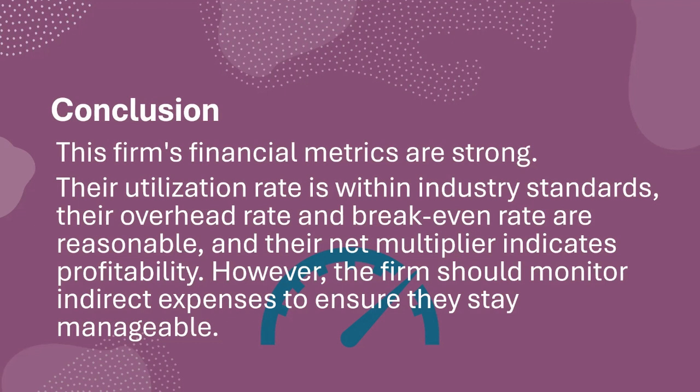When we look at all these details, we see that this firm's financial metrics are strong. Their utilization rate is within industry standards, their overhead rate and break-even rate are reasonable, and their net multiplier indicates profitability. However, the firm should monitor indirect expenses to ensure they stay manageable.